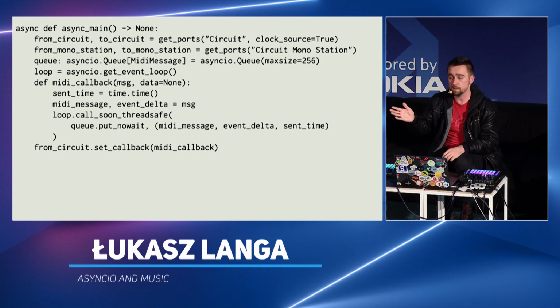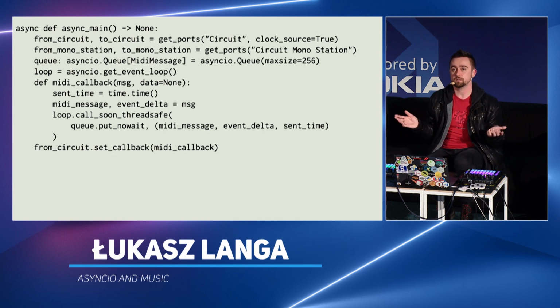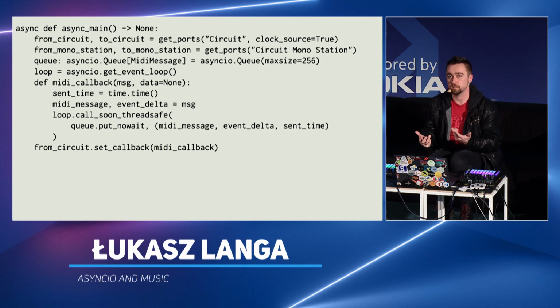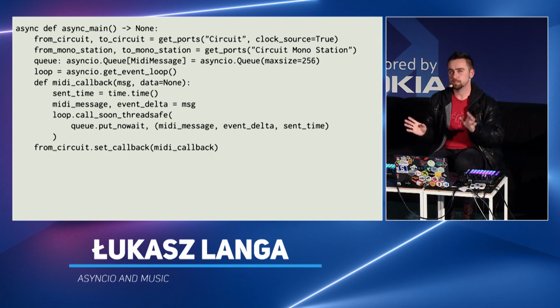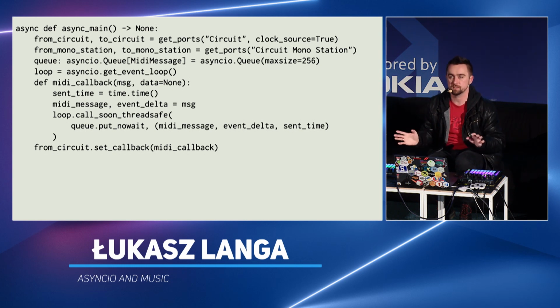And when it's sending them, it allows us to register callbacks to do things. Those callbacks are not going to be running on the main Python thread, which is why we have to run call soon thread safe instead of just a regular call soon on the event loop. But that's all good enough. This is just plumbing so that now we can pretend that the world is fully asynchronous from now on. It's fully AsyncIO from now on.